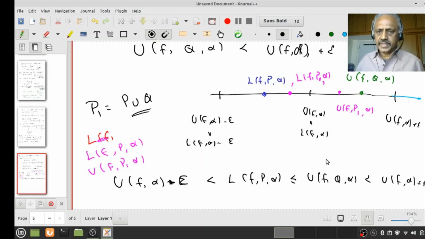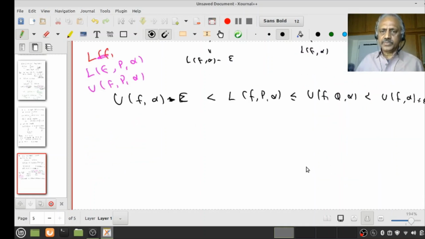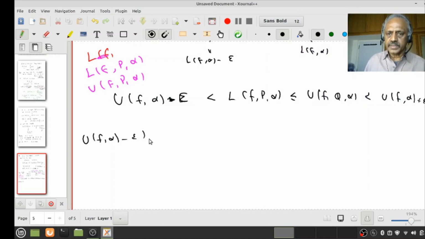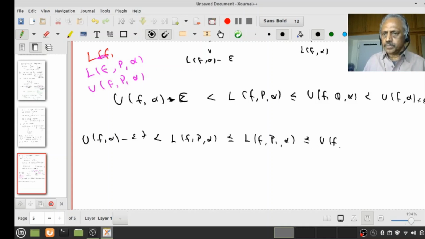Have you got it? Yeah, so you can write it again if you want. You can write this inequality. So UF alpha minus epsilon is less than LFP alpha, that's less than or equal to LFP1 alpha, that's less than or equal to UFP1 alpha, but that's less than or equal to UFQ alpha, but that's less than or equal to this.